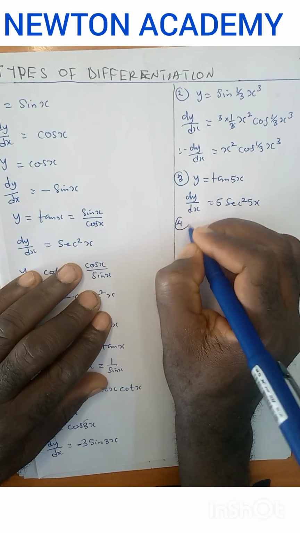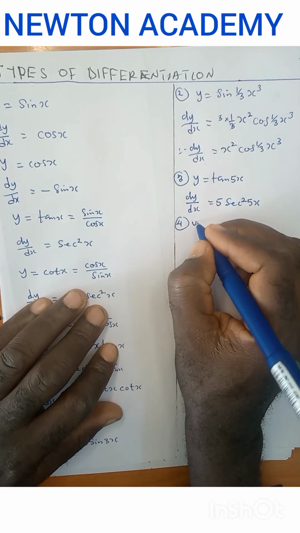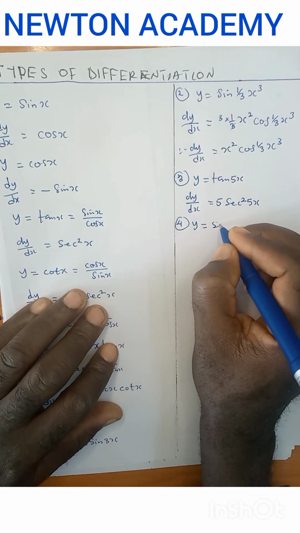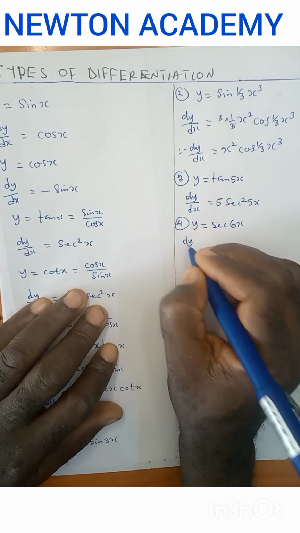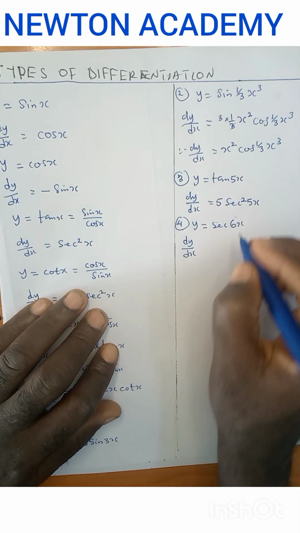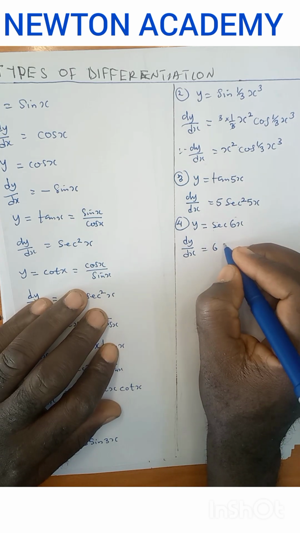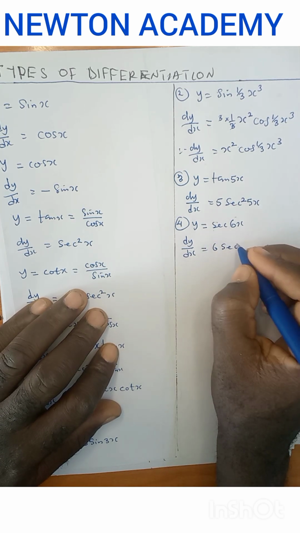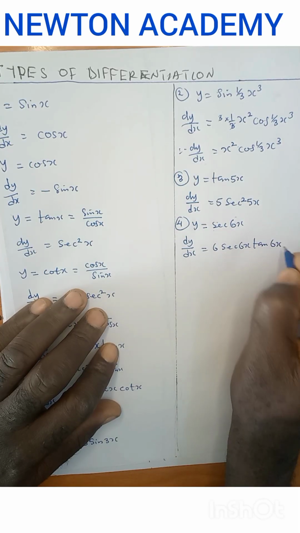Then let us look at another one here. If you are given, say y is equal to sec 6x, then dy/dx is going to be, you differentiate 6x, it will give us 6. When you differentiate sec, it will give us sec 6x tan 6x.